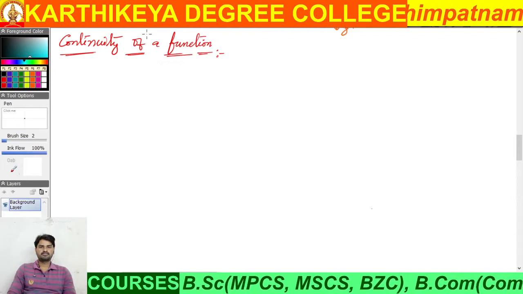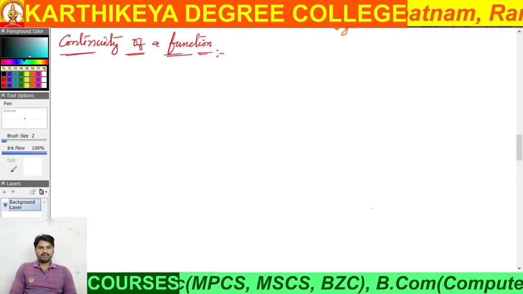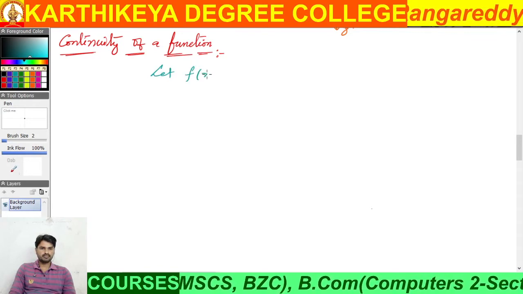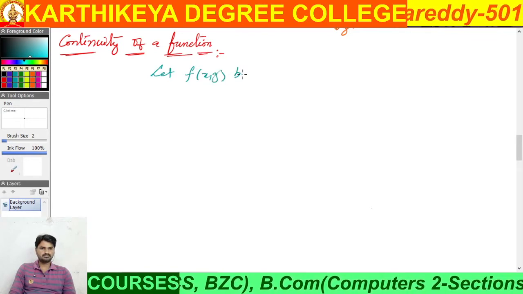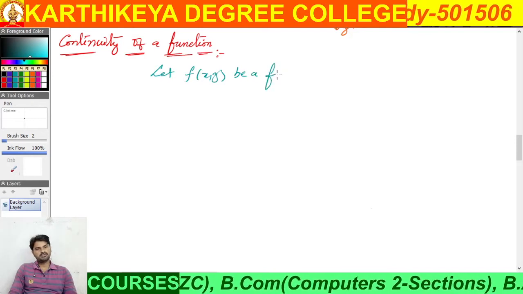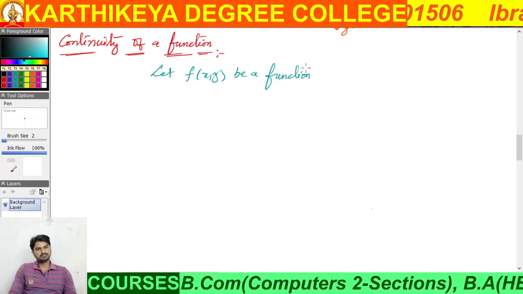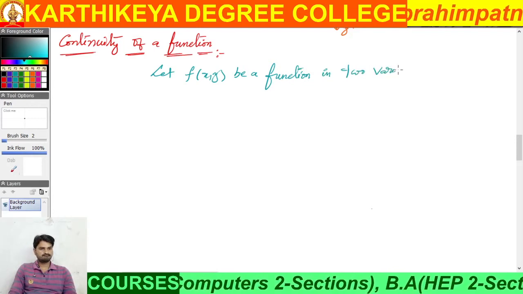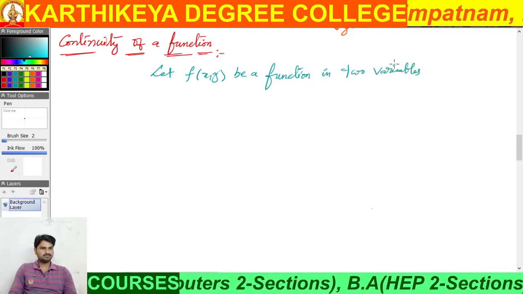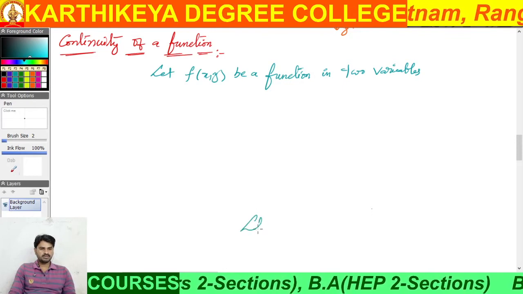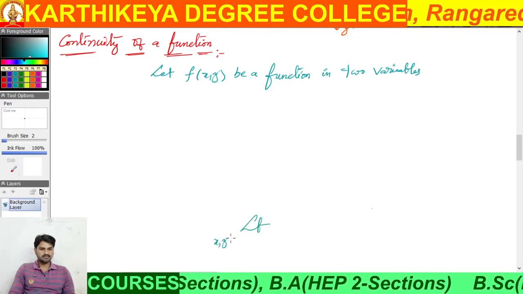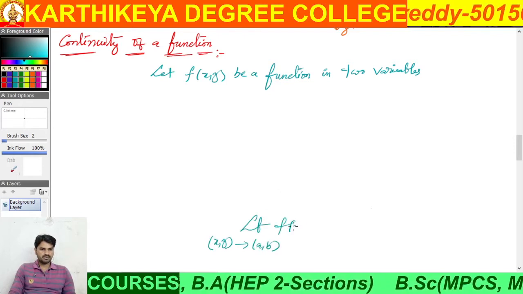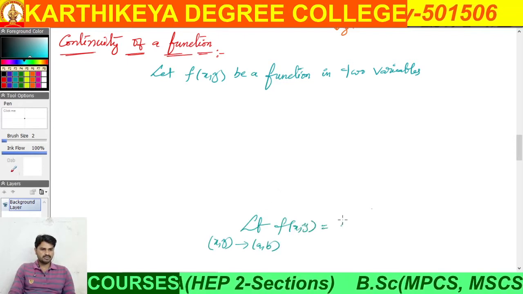Okay, let f of x, y be a function in two variables. The general definition is: the limit as (x, y) tends to (a, b) of f of x, y is equal to f of a, b.